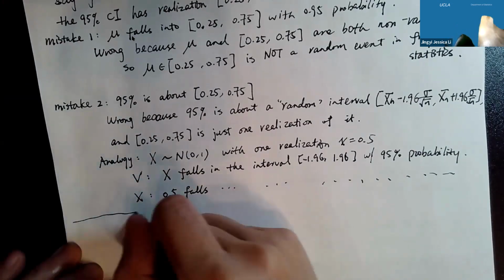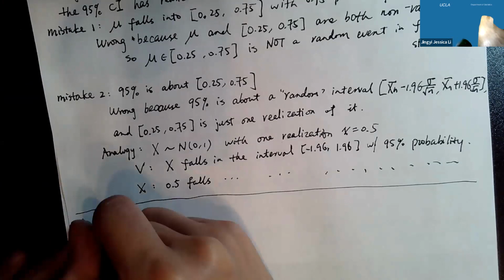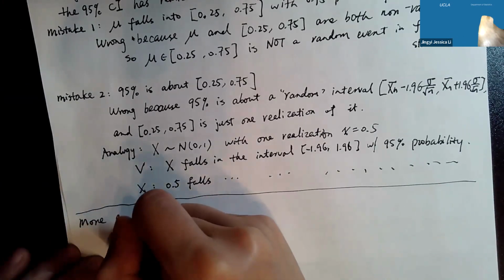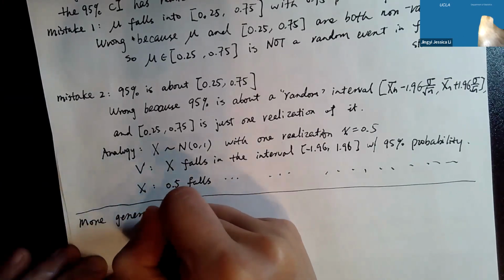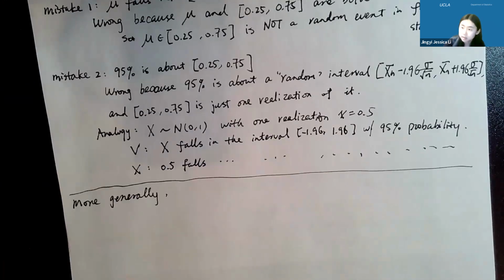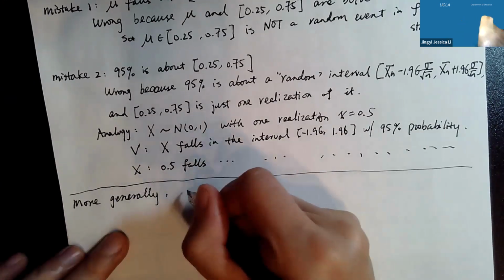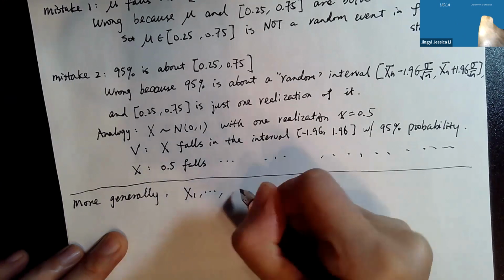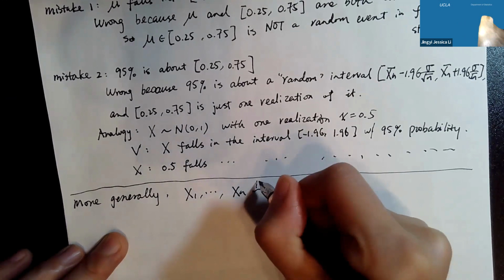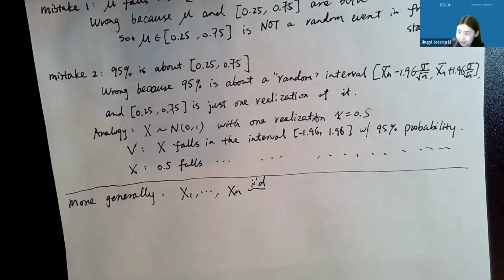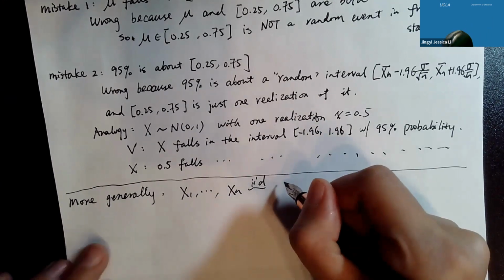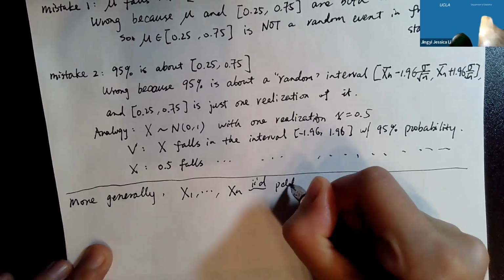Okay, so more generally, let's say that we have X1 to Xn, they are IID, and they are from a PDF, a density function.